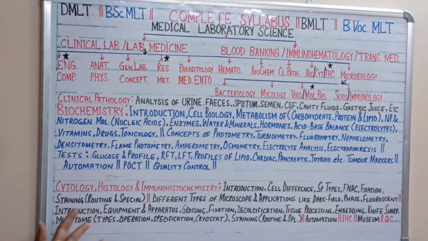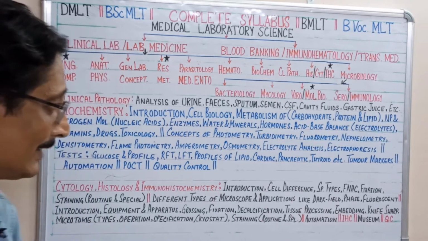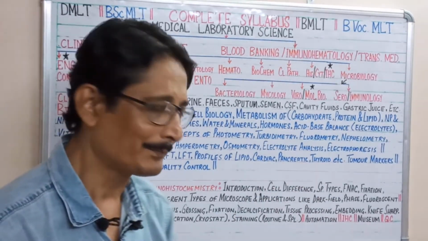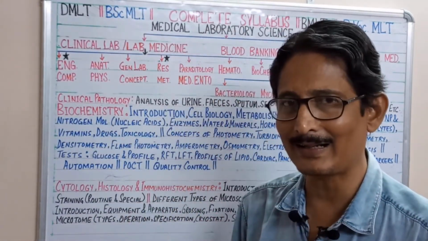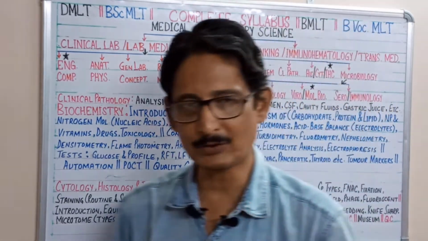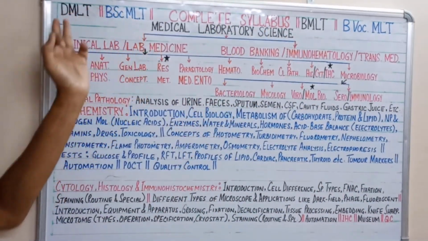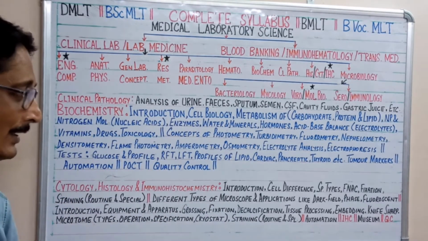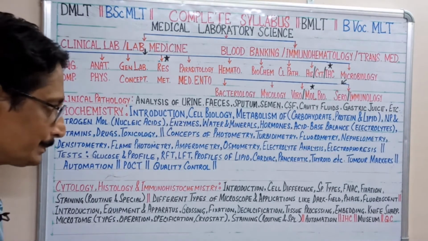In this laboratory, we have to study the introduction, the cell differences, and the special types of cells. Just remember that the tissue study and the cell study are done by the MD pathologist only, and a BMLT, BSc MLT or DMLT passed technician only performs the processing of the cells or the tissues.